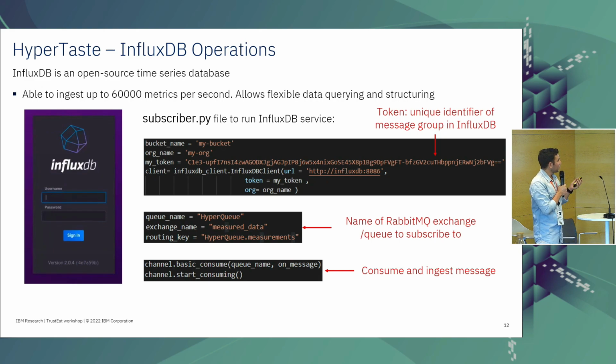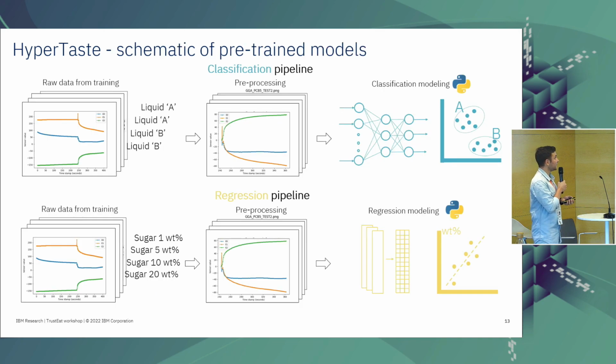And when we configure this subscriber file, in addition to mentioning what is the token of the messages, of course, we need to specify again what is the broker queue to which we subscribe. And then there is just a couple of commands that we can perform in order to make sure that the database will get those measurements. And then after we have the measurements in the database, we can perform analytics.